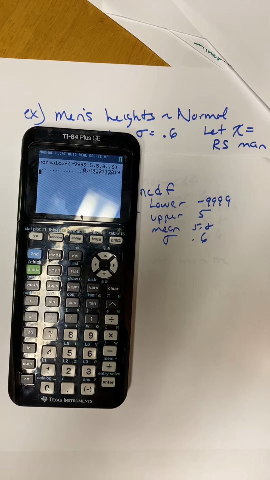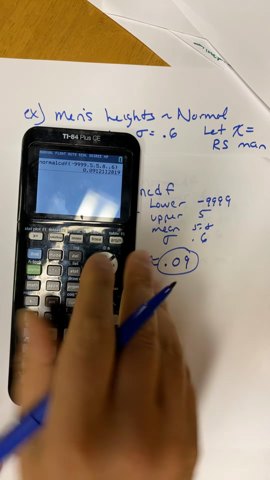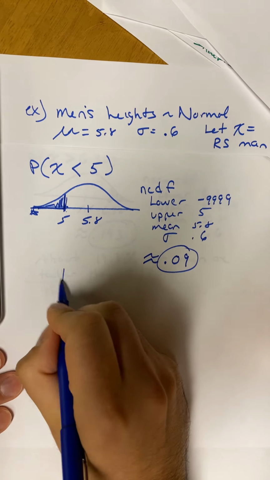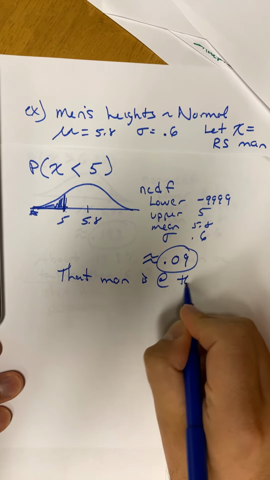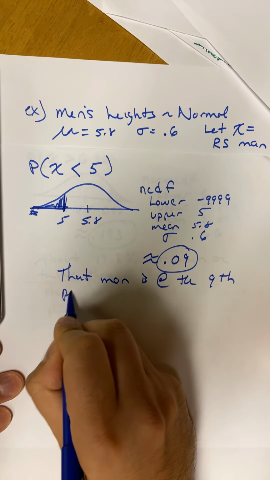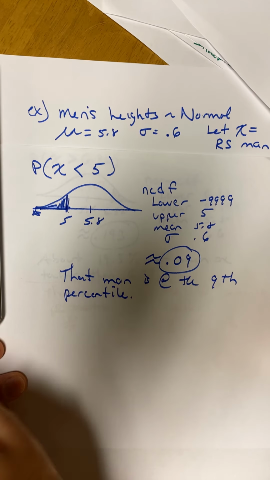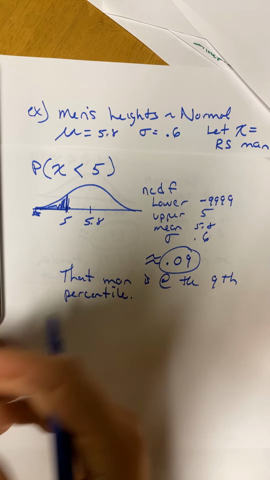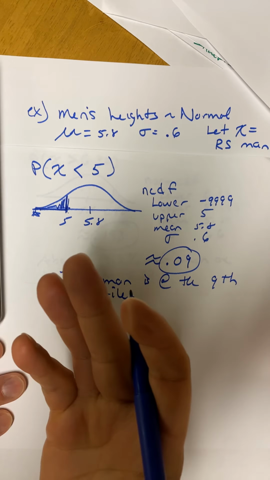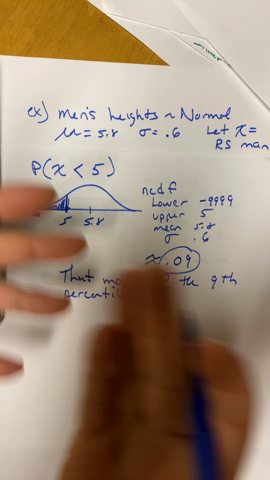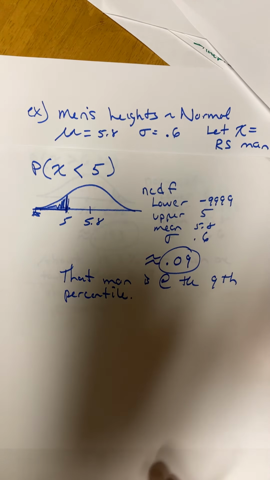It's 0.09. So that man is at the 9th percentile. He's not that tall. He's only taller than 9% of the other men. But alternatively, he has a lower center of gravity. So whichever one you find to be most beneficial.